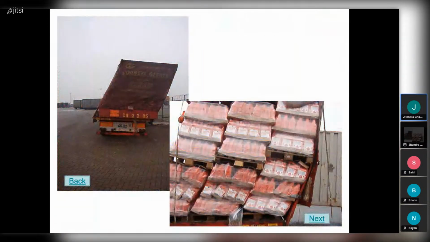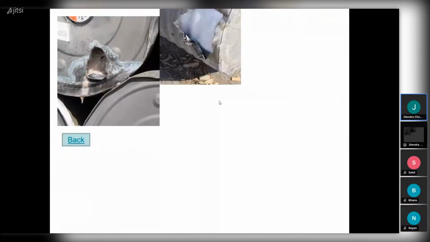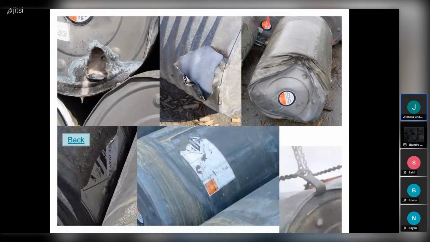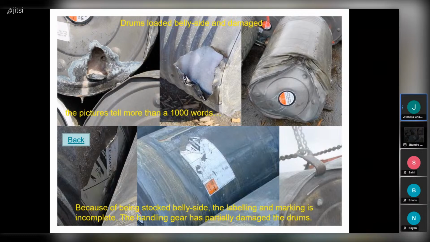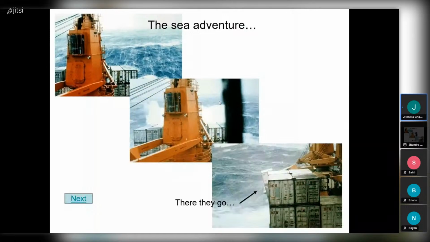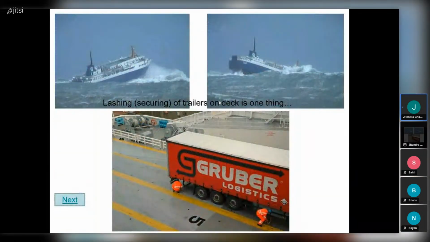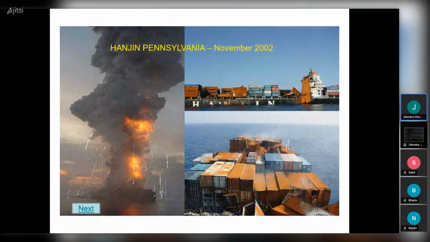Leaking, shifting, breaking. Damages happen because of the movement from not securing properly. Labeling and marking also get damaged. So these are the movements. The sea is adventurous, but we have to make sure of proper lashing of cargo. These are the different incidents.